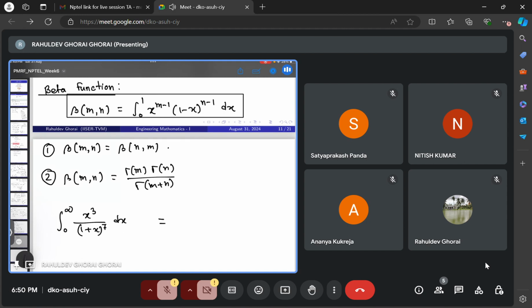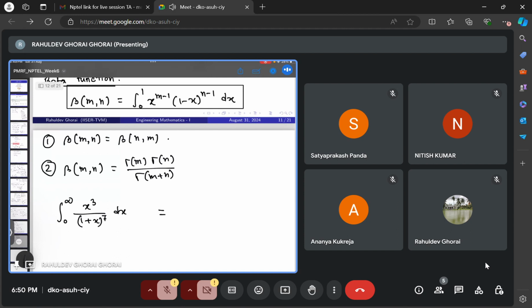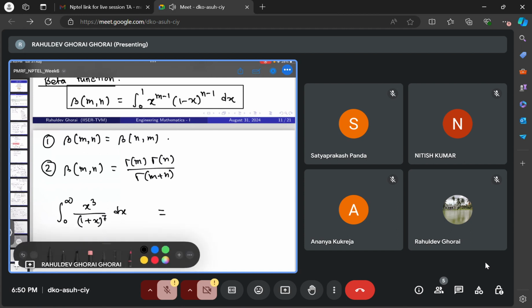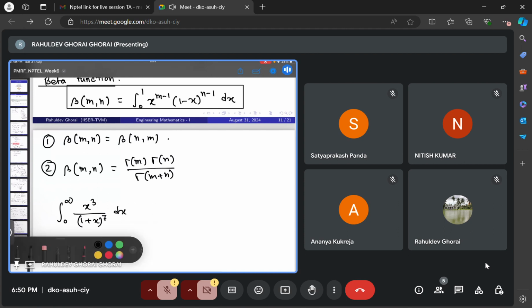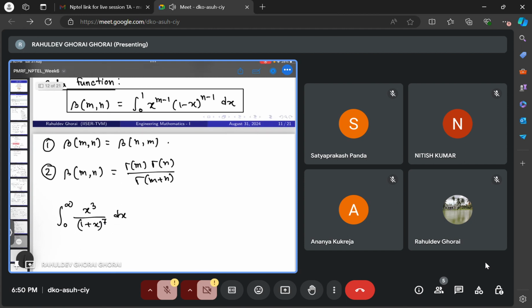Do you want to try, or should I do this one? Let me do it. You have x cube times 1 by 1 plus x to the power 7. Let's change this by setting y equal to 1 by 1 plus x.